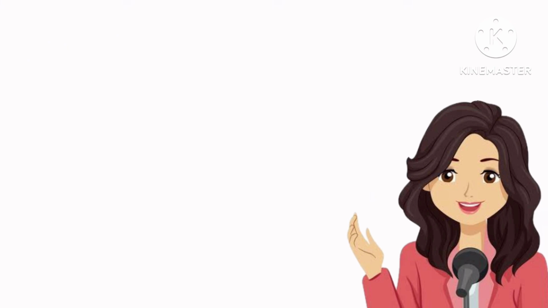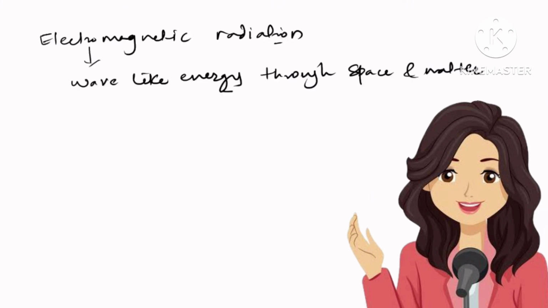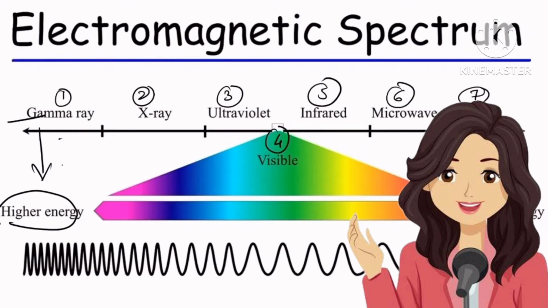So gamma rays will have higher energy and lowest wavelength. Just remember, okay? You can get an MCQ regarding this. Gamma rays will have the lowest wavelength, whereas radio waves will have the highest wavelength.